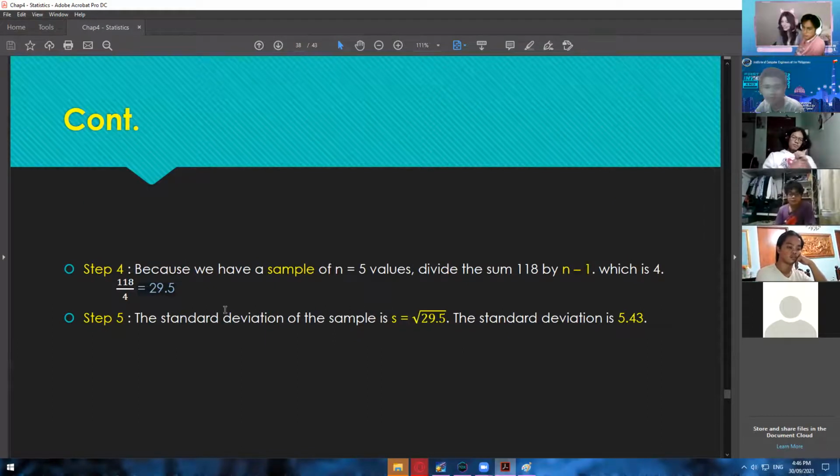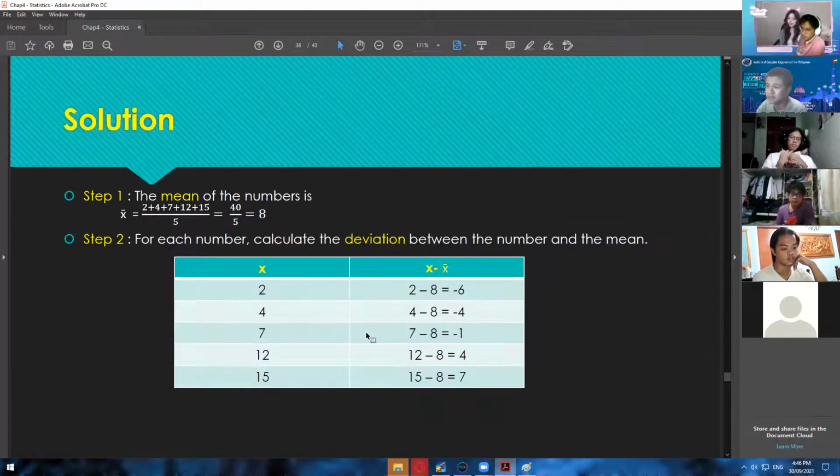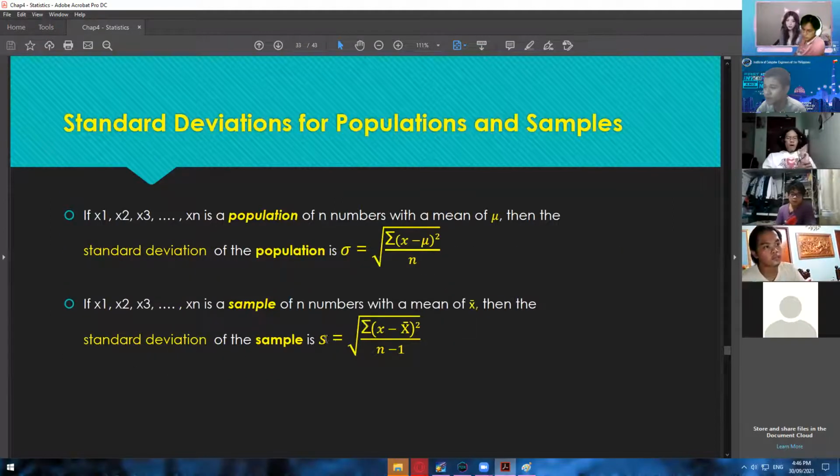So are we clear with this so far? Before, I required my students to do the two-step, wherein they follow step 5 and then follow this one to solve for the standard deviation.